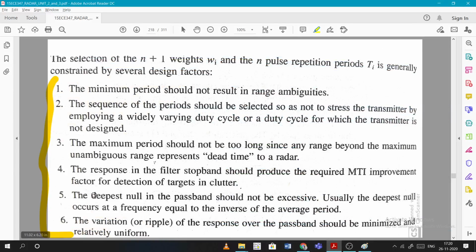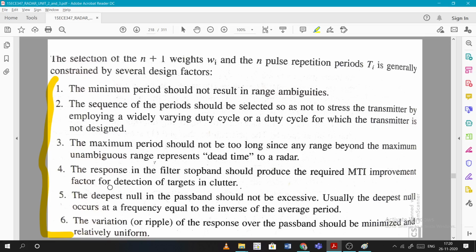The null in a radar system means that when this condition occurs, where the frequency equals 1 by T average, the detection accuracy of the target, of the radar system, will be decreased. That's why it should not happen in such a case.